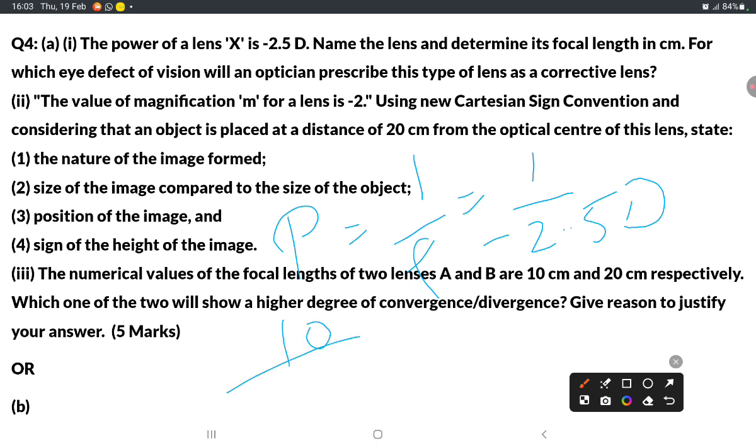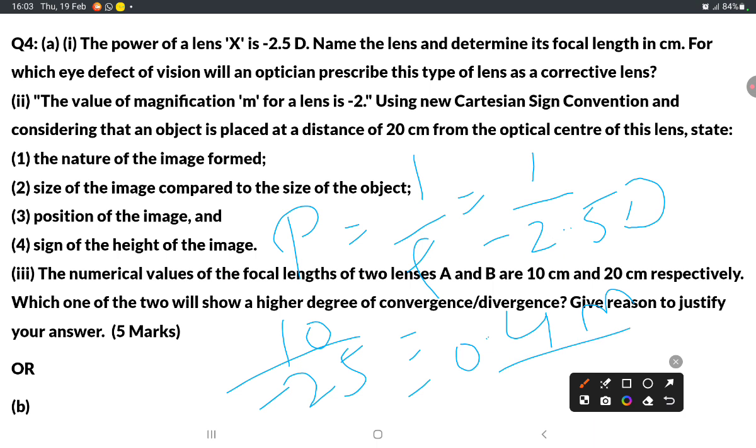Can I write 10 by 25? 10 by 25, right, which is nothing but minus 0.4, which is nothing but minus 0.4 meters, right?